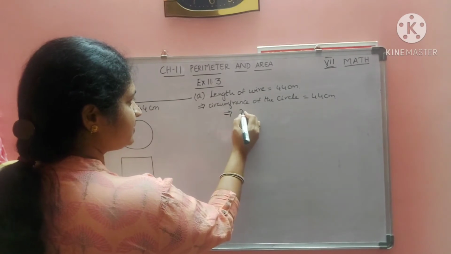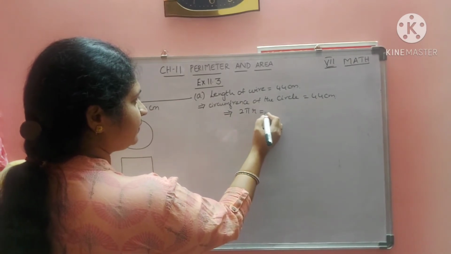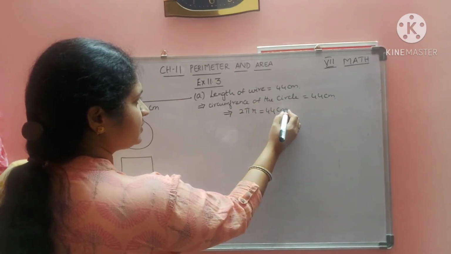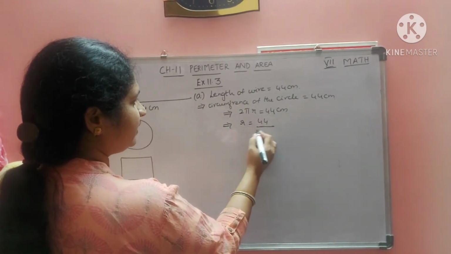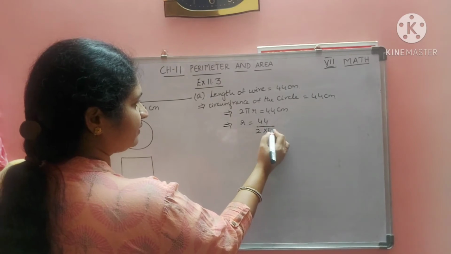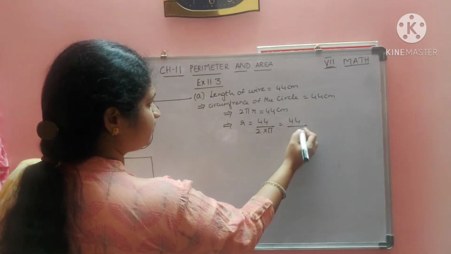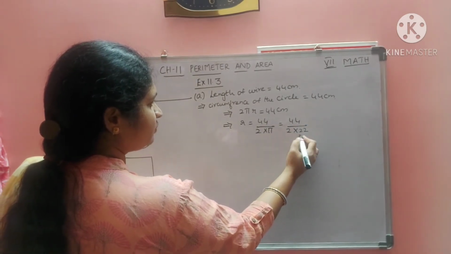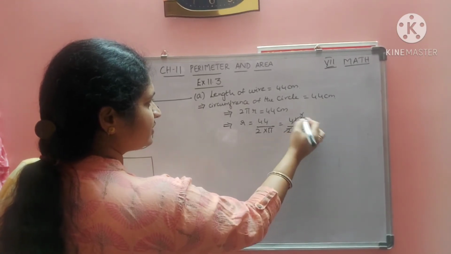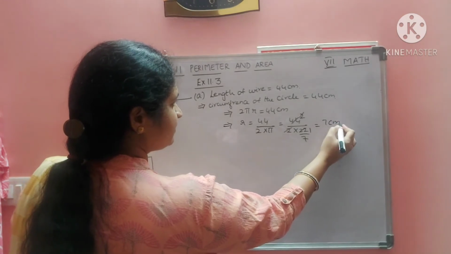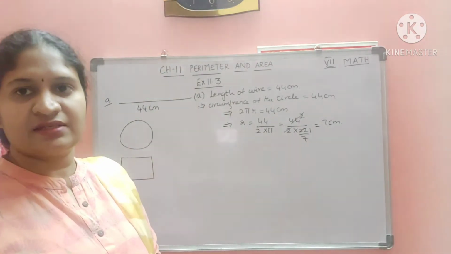Circumference of a circle is 2πr. 2πr is equal to 44 centimeters. Implies r is equal to 44 by 2π, which is equal to 44 by 2 into 22 by 7. Here 2 gets cancelled. 7 centimeters will become the radius of the circle.